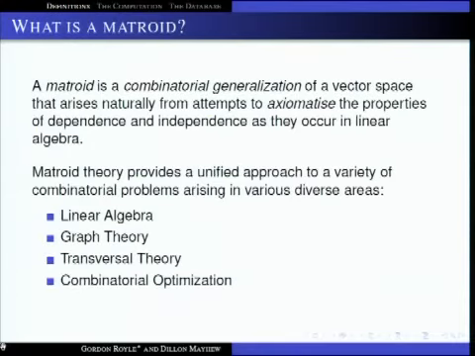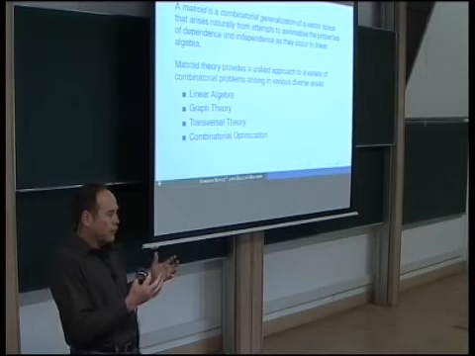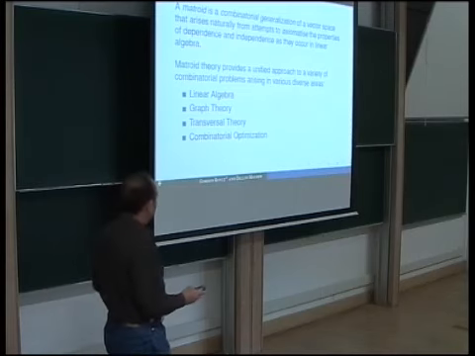In principle, it provides a unified approach to problems in lots of diverse areas, because once you've axiomatized a matroid, then any of the models of those axioms, which include vector spaces, graphs, transversals, and so on, you should be able to tackle some problems in those areas in the unified framework of matroids in general.